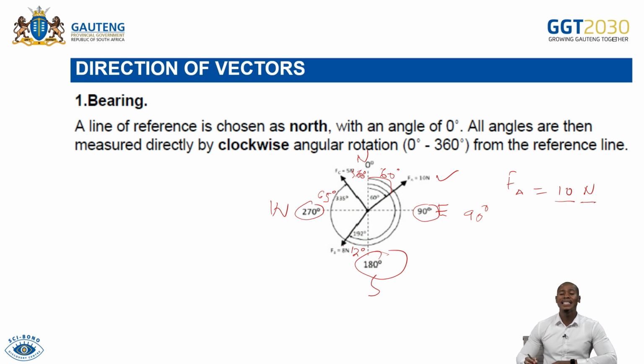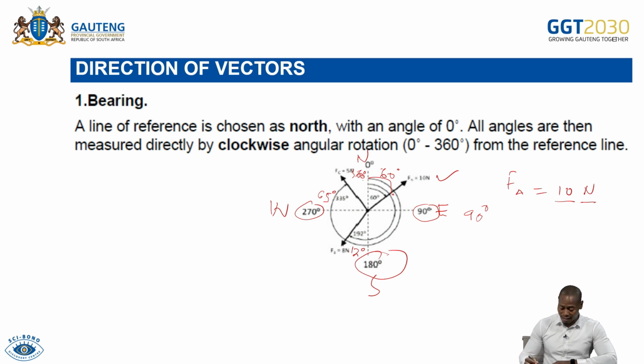What is missing here is the direction, because force is a vector, and a vector has both magnitude and direction. The method that we are using to give the direction of this vector is bearing, and let's not forget, the reference is north. North becomes the 0 position, so it's 0 degrees. From north to this force, FA, the angle is 60 degrees.